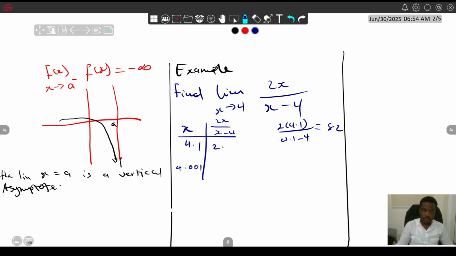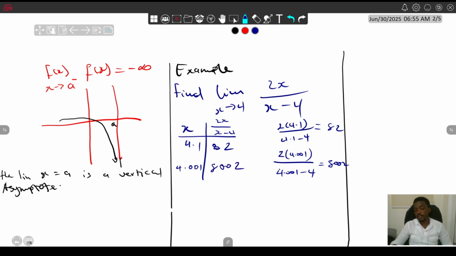So you have 82 here. And then for 4.001, we have 2 times 4.001 all over 4.001 minus 4, and this in turn gives 8002.